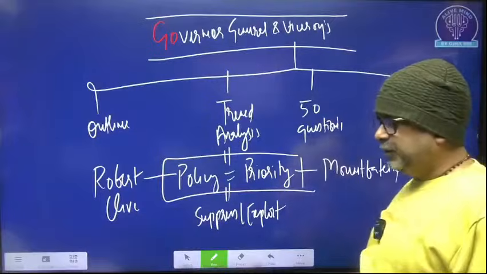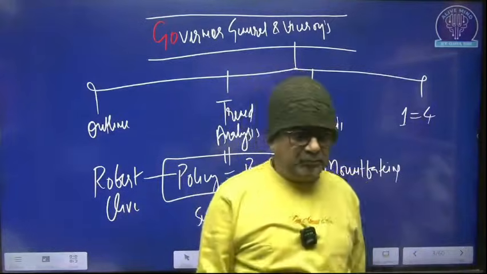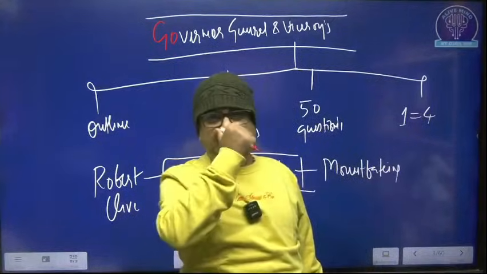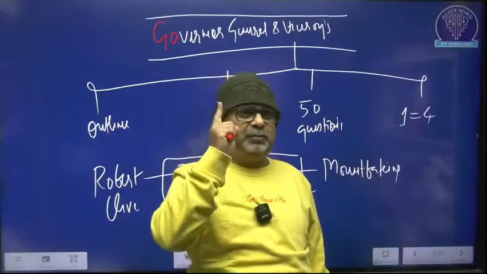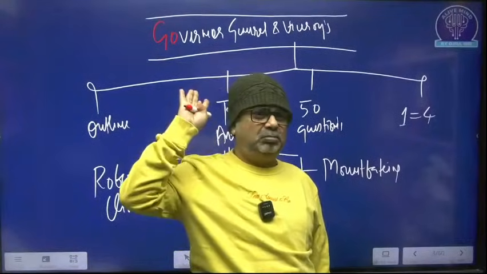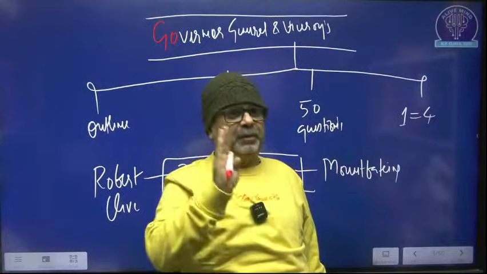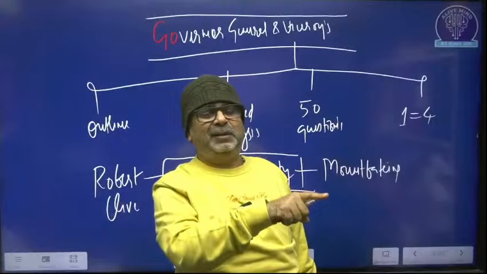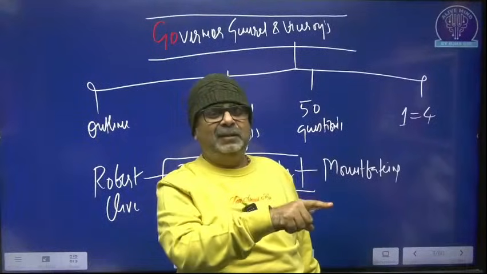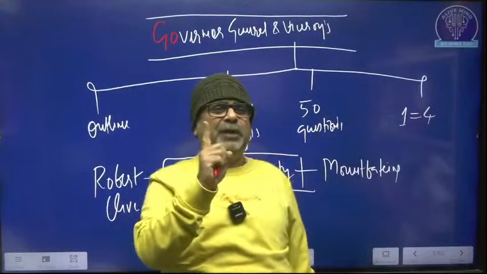Robert Clive, Treaty of Allahabad, master stroke. Three shots by a single arrow. Treaty of Allahabad with the Mughal Emperor, taking Diwani from the Mughal Emperor. Theoretically, he is still the boss of the subcontinent.